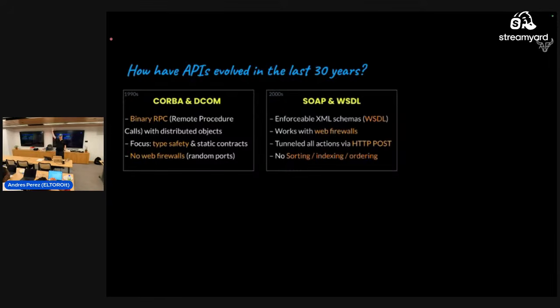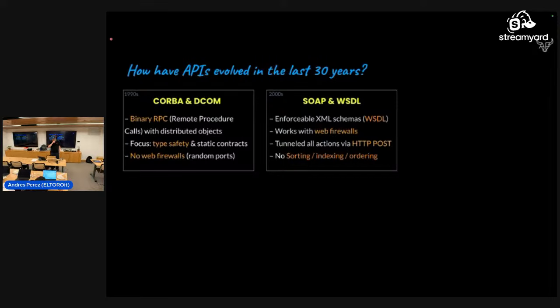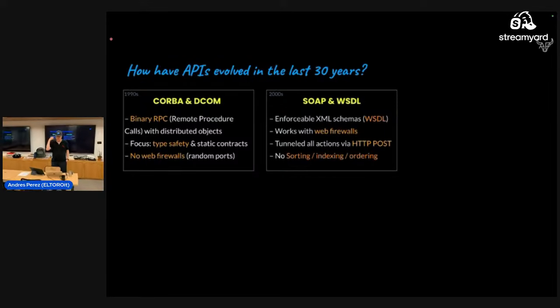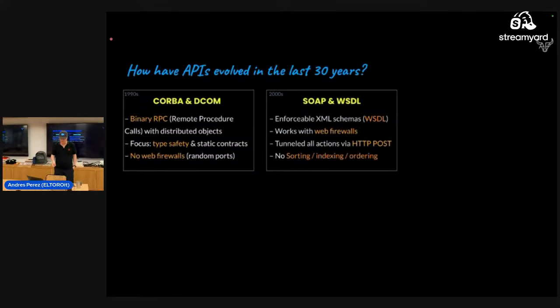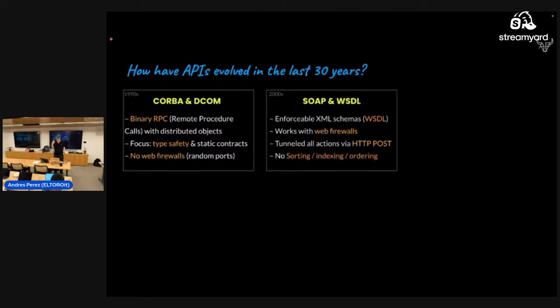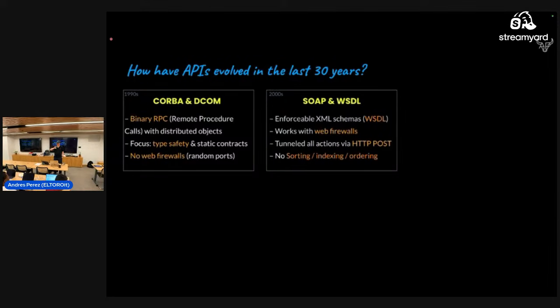Then we came with SOAP. You guys know about SOAP? You better, because that was one of the first APIs that we actually supported. Now we can talk about HTTP and therefore Salesforce and all this stuff. So we have SOAP, we have XML, WSDL. It allows you to work with firewalls, but it only uses a very small subset of HTTP, which was only the POST method.